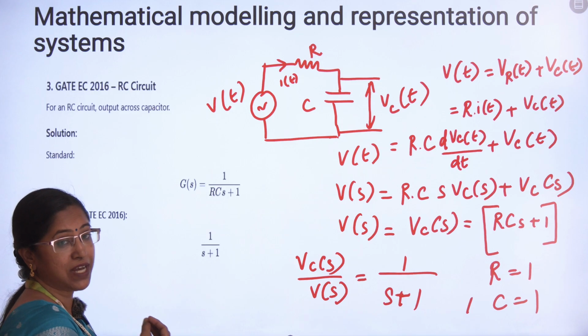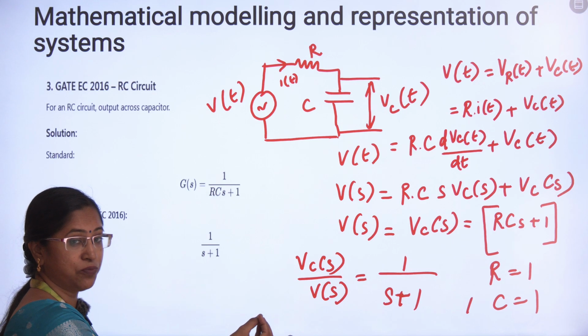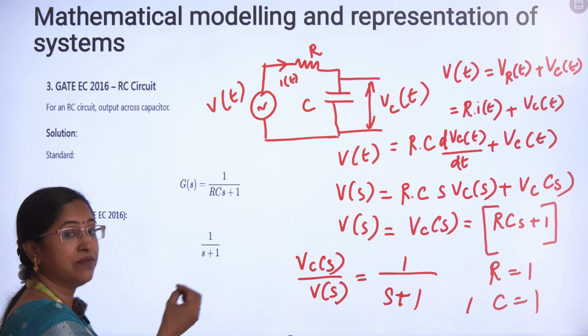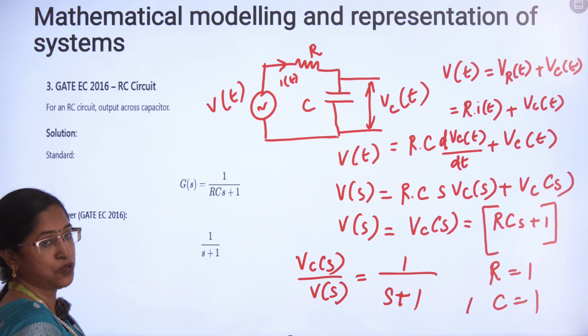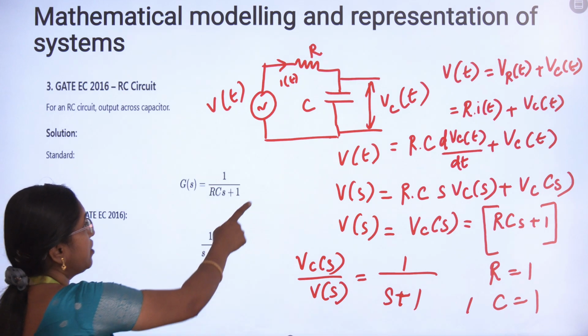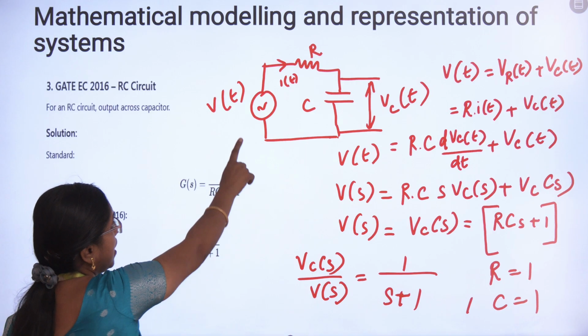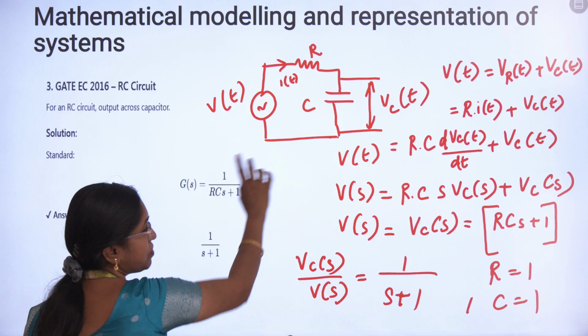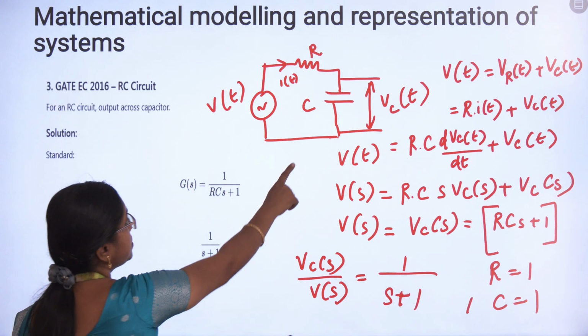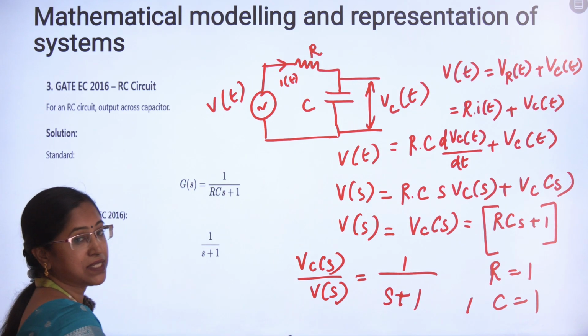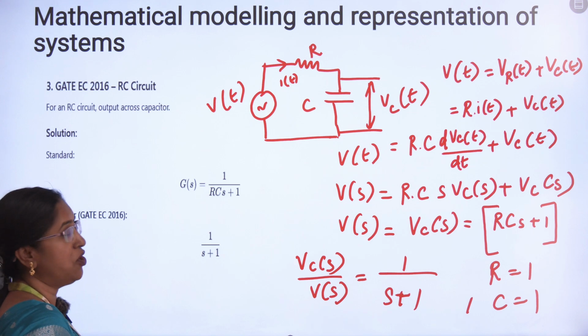Therefore the transfer function is equal to the Laplace transform of the voltage at the output across the capacitor divided by your input, the source voltage. Simply, we can draw this circuit like this. I have given a supply voltage V of t, and we have a resistance and a capacitor in series, and the output is taken across the capacitor, indicated by Vc of t.